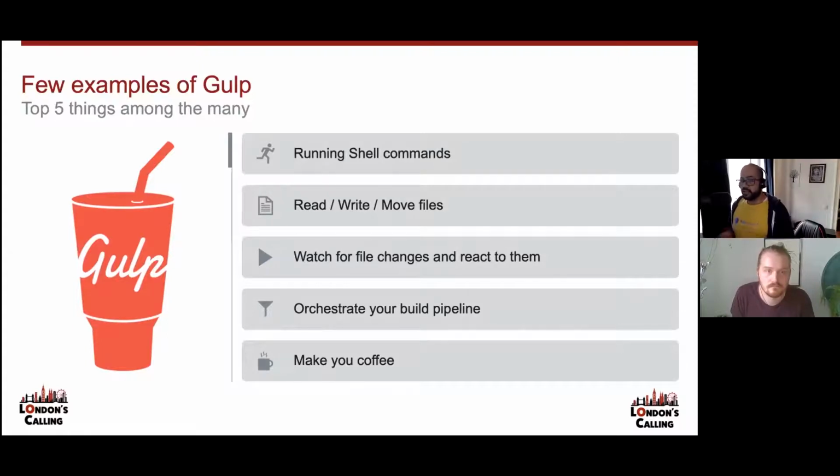One of the main advantages of using Gulp is watching for changes. If you have done development on other platforms or technologies, you can run a server on the localhost. While you're programming, if you make any changes, Gulp listens for them, recompiles the file, and you can see the changes on the localhost. Lastly, you can orchestrate your build pipeline.